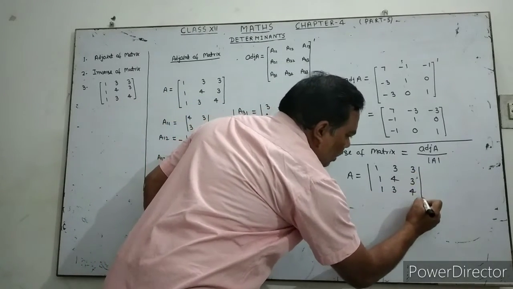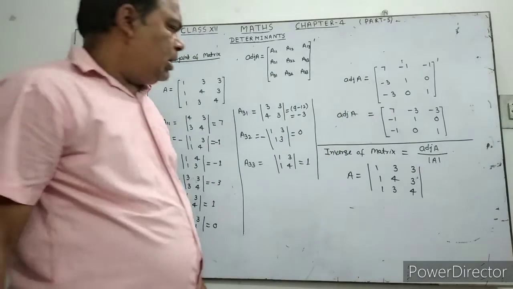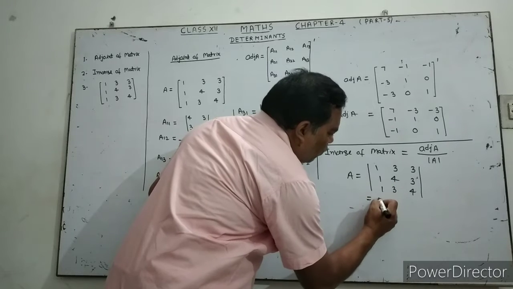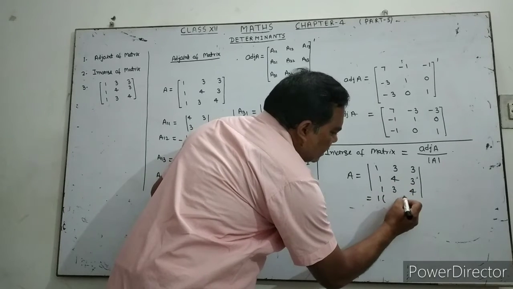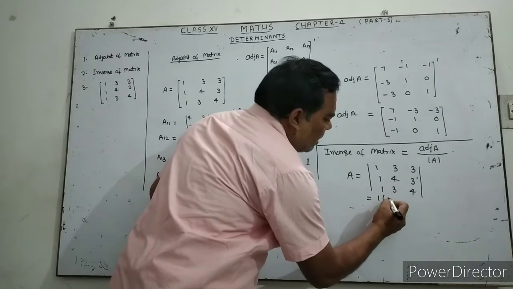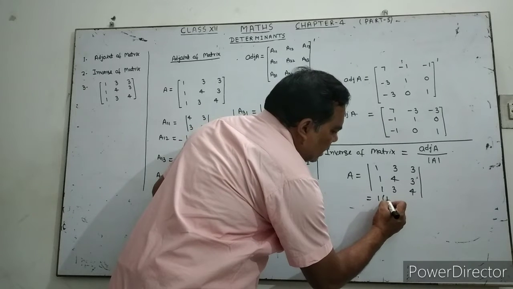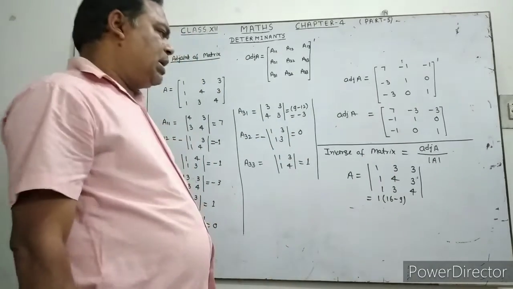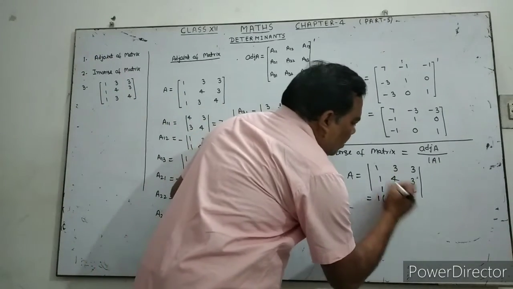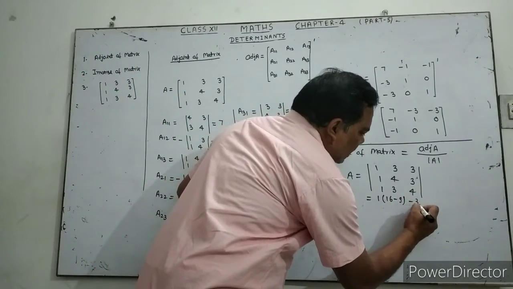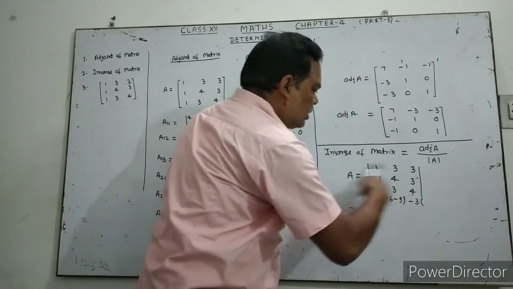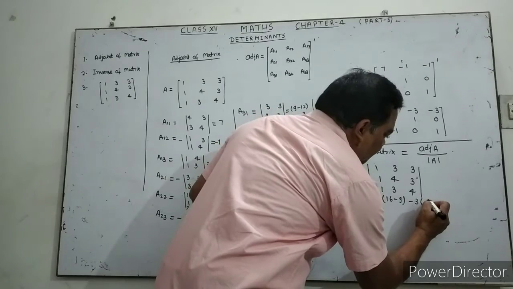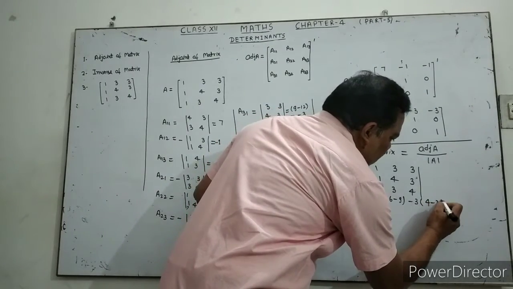Now you calculate the value of the determinant. This is the 1 and this is 16 minus 9. This is plus minus 3. Now if I forget this row, this column, then this is 4 minus 3.